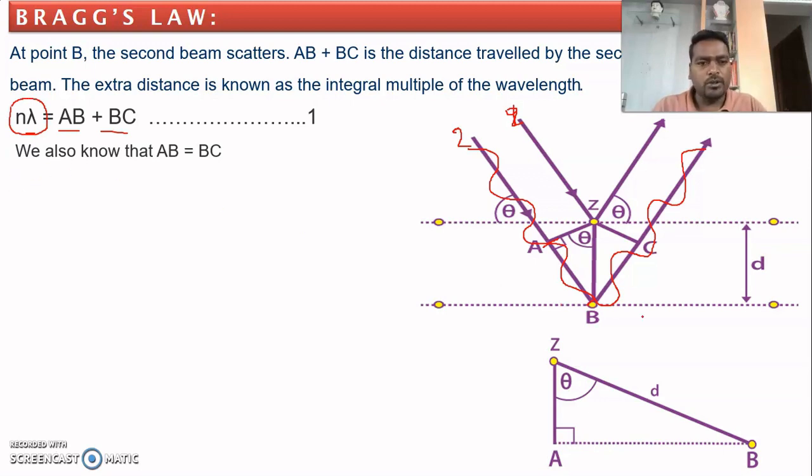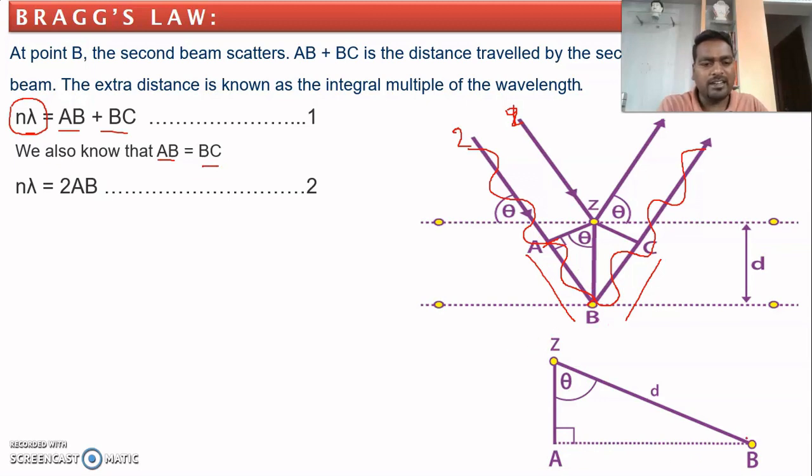Now we also know from the figure that the distance AB is equal to the distance BC. If you substitute in the above equation, equation 1 becomes n lambda is equal to 2AB, because AB is equal to BC from the figure.